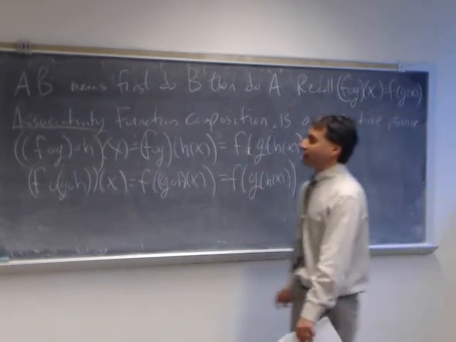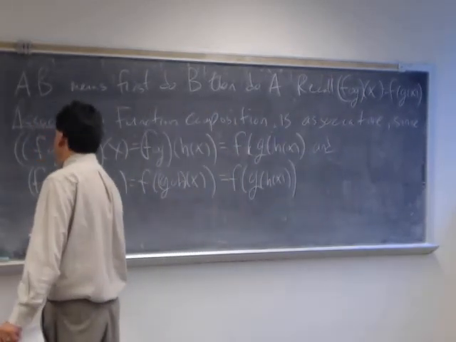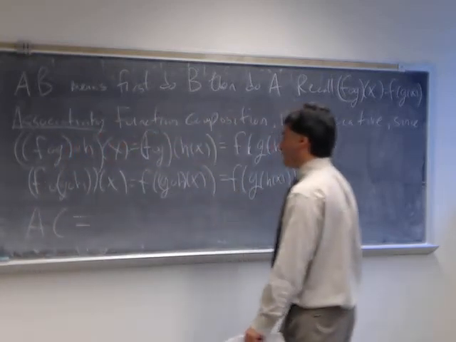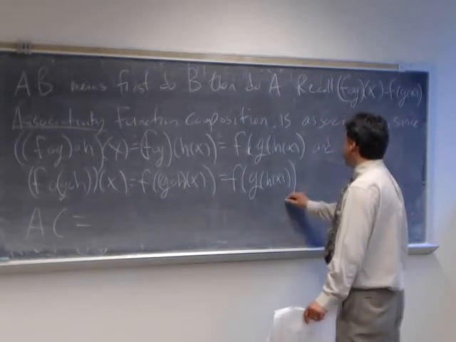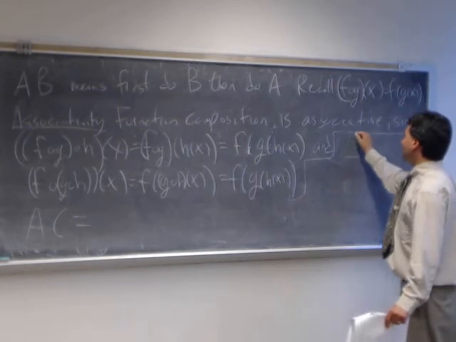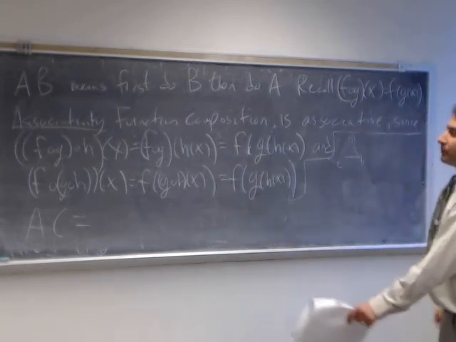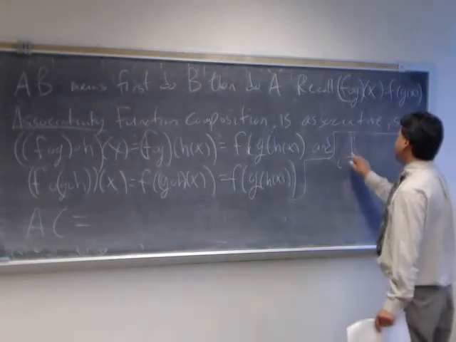What about some multiplication? Let's look at some examples. So what is A times C? This would mean first do C. So if I take my triangle A, B, C, and C, if you recall, was the one that fixed this top vertex.